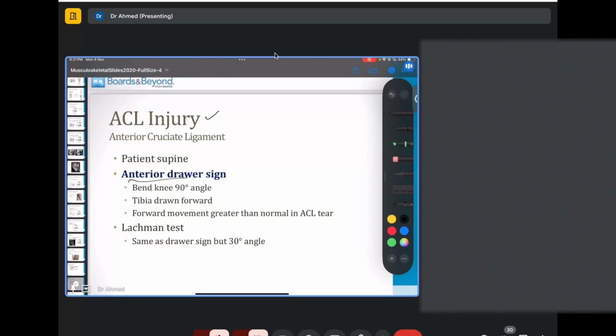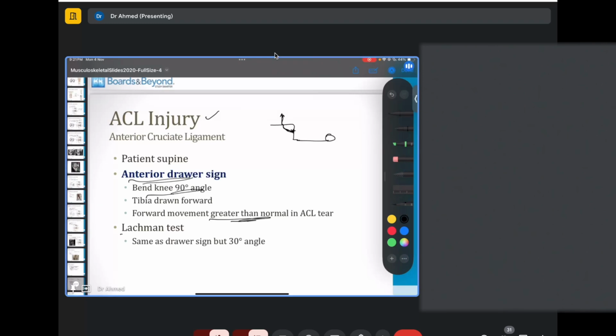We have already discussed the anterior drawer test. The patient is in supine position, with a 90-degree angle between the leg and thigh, and you just move the leg forward. If you have more movement compared to a normal individual, it would indicate damage to the anterior cruciate ligament.